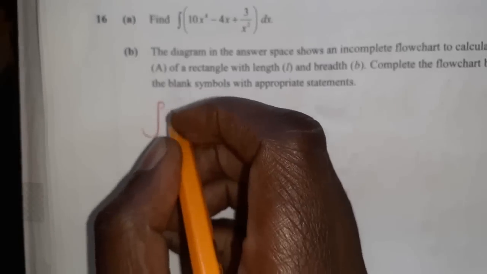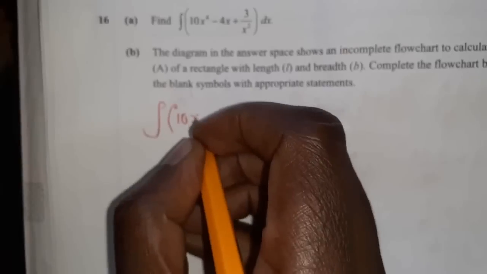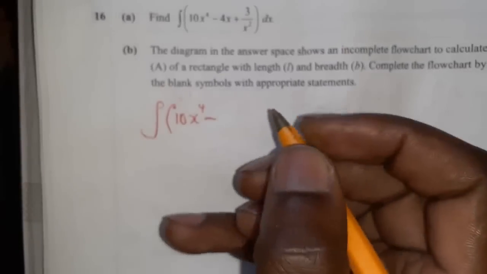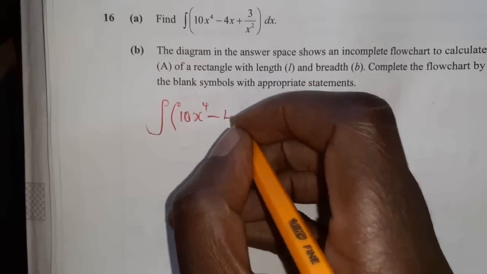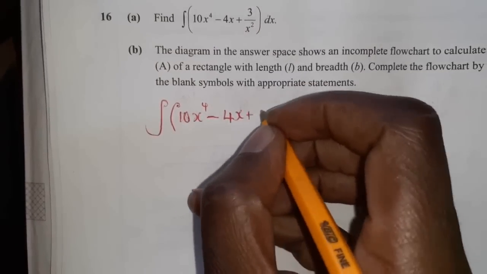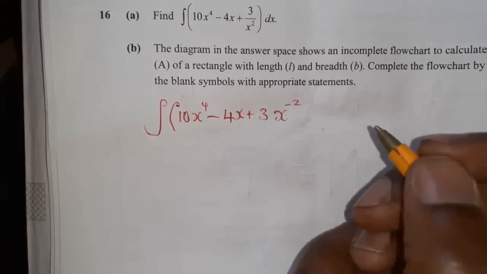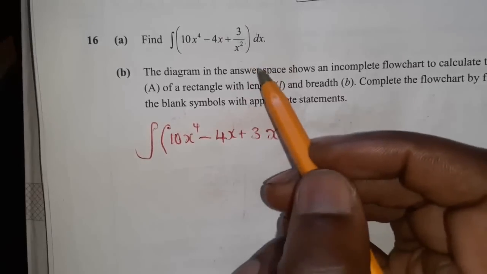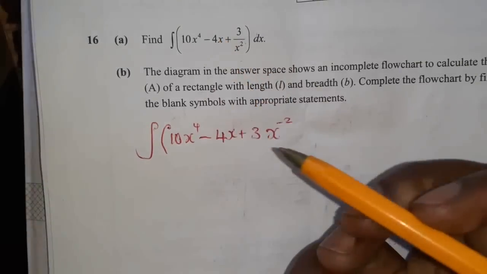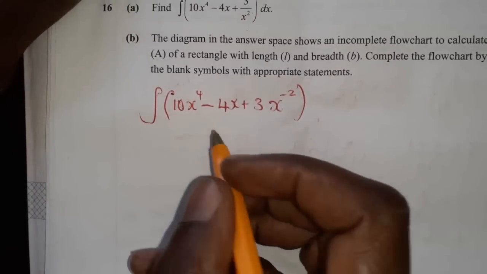We say 10x to the power 4 minus 4x plus 3x to the power negative 2. This one we need to change. We write this part. Are we together? Then from there, we can integrate this part here.